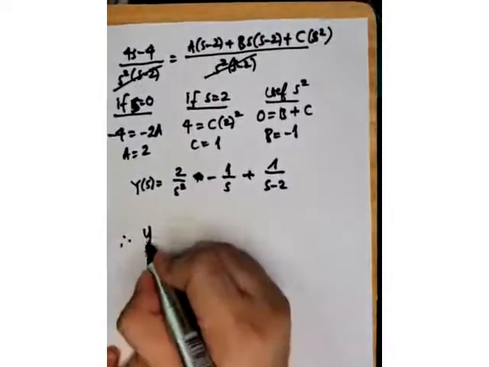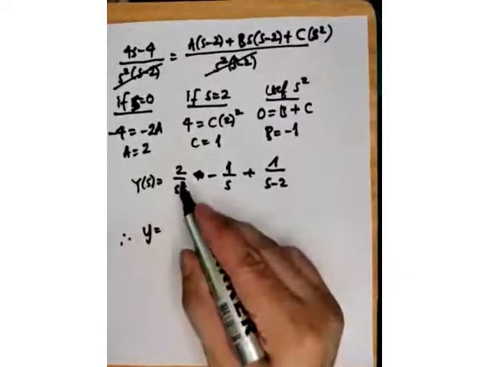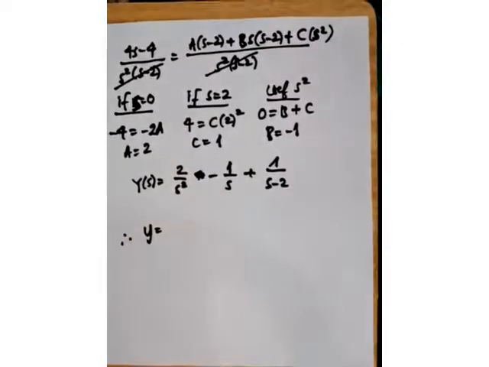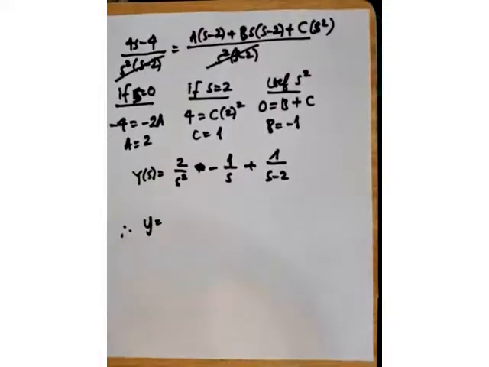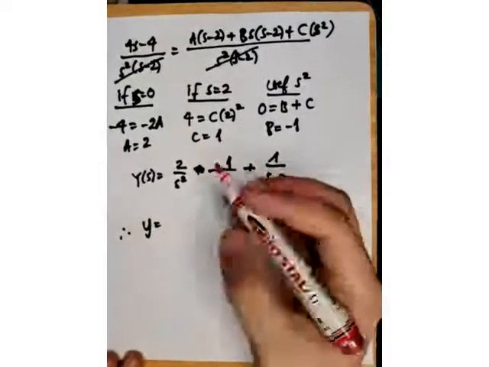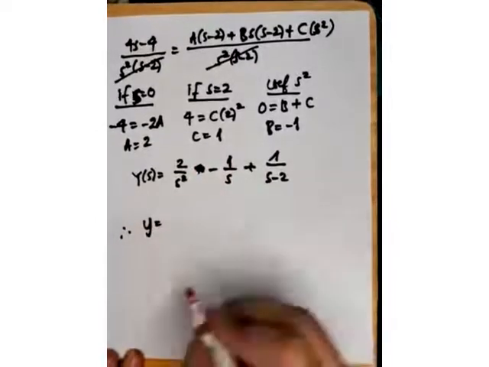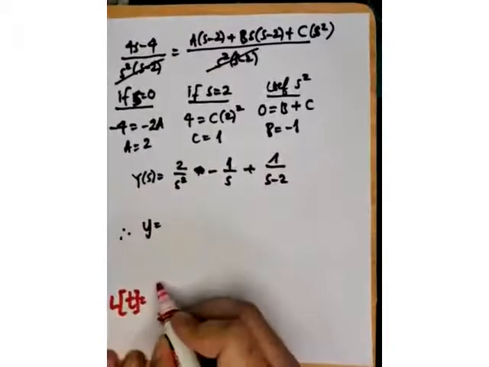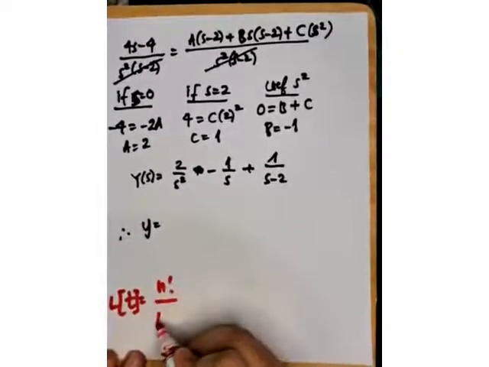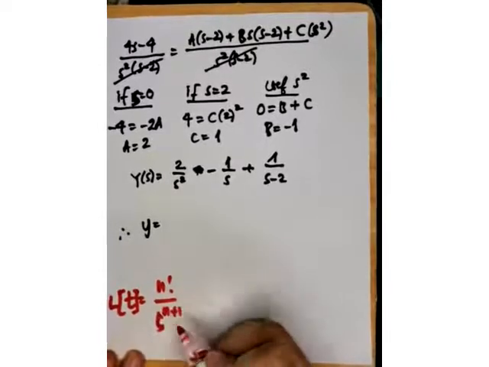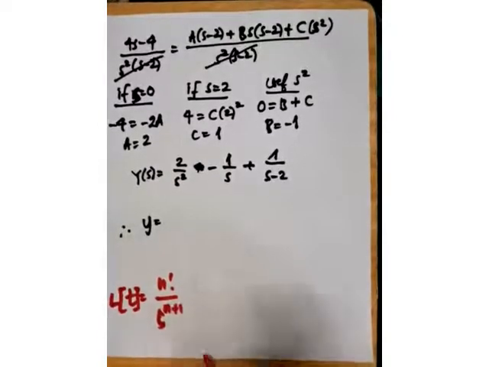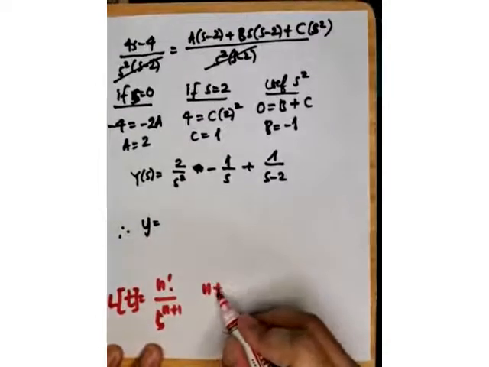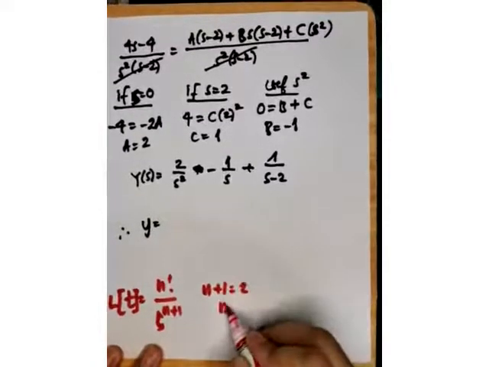Therefore, for our y, what is the inverse Laplace of this? For 1 over s squared, we are in t. The Laplace transform of t to the n is n factorial over s raised to n plus 1. So n plus 1 here is 2, therefore n is equal to 1.